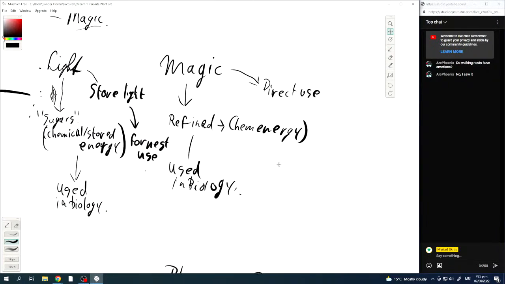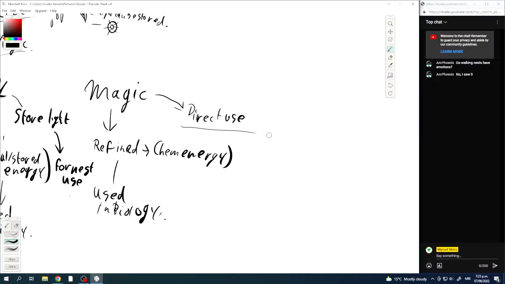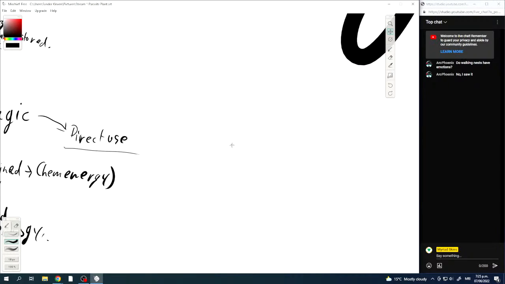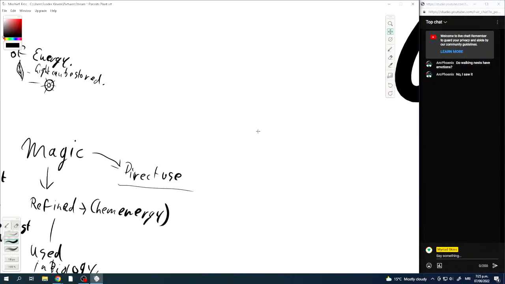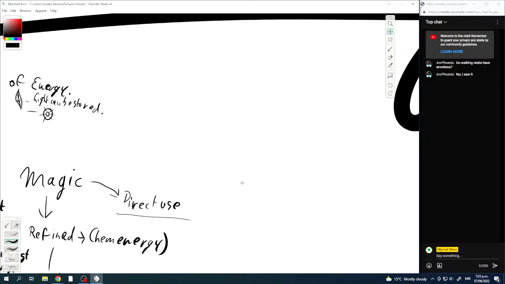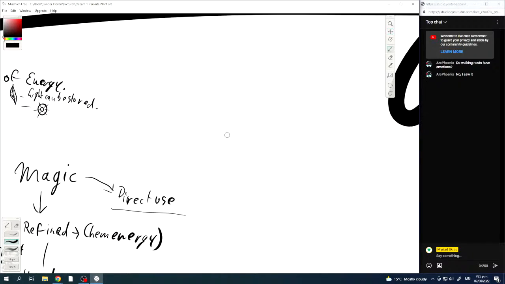Now, direct use magic. One of the things that I imagined the walking nest to have, one of the physical characteristics that I may have figured out, is that it has these long floating, branching tendrils coming from it.